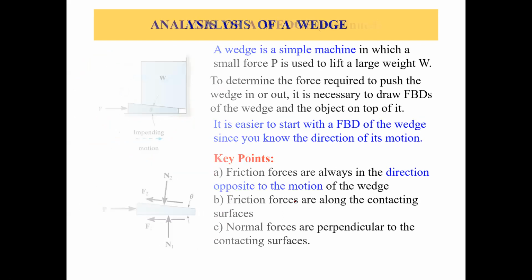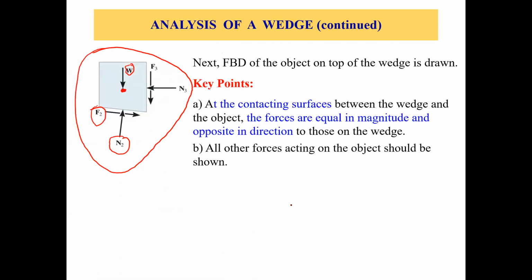So on the right side we have the contact surface between the wall and the block. From there also we have two forces acting on the right side of the block: a normal force, N3, and a friction force, F3.